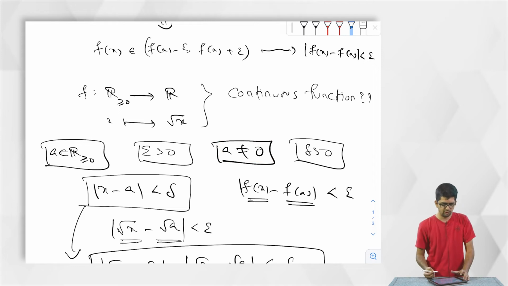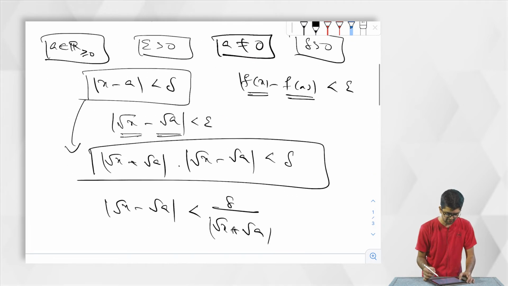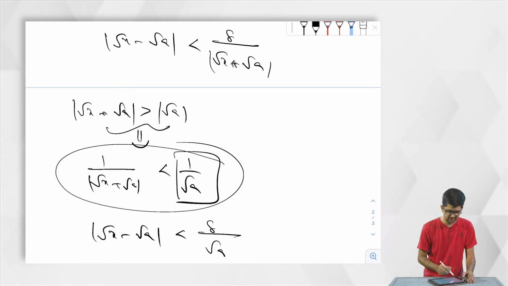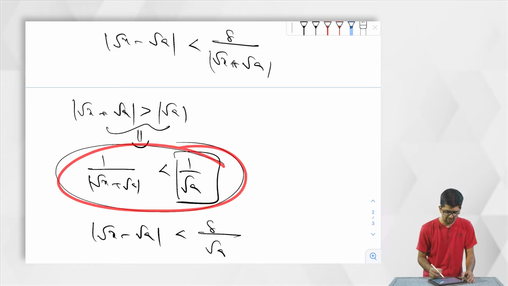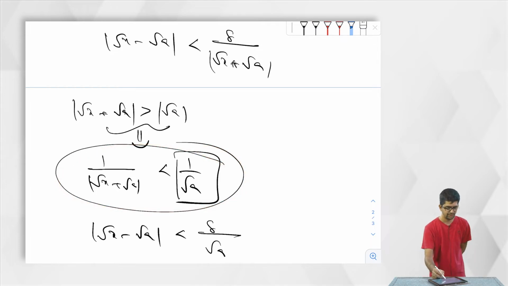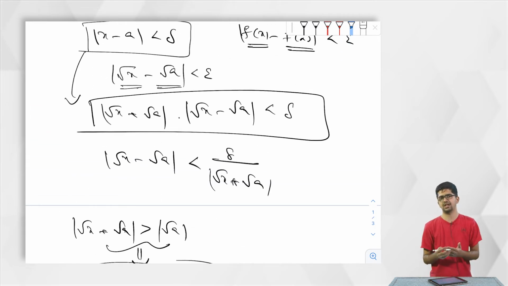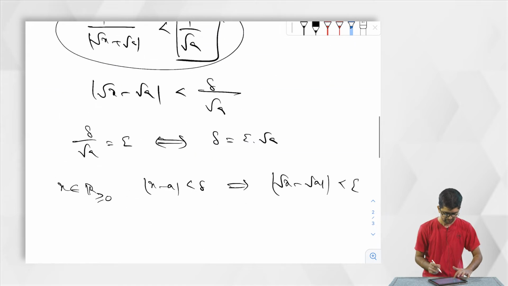So what do we do for A equal to 0? For A equal to 0, one cannot do this step. That is the only problem, because if A is 0, one cannot talk about 1 by 0. So we have to look for another idea.